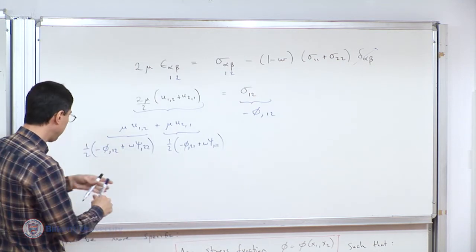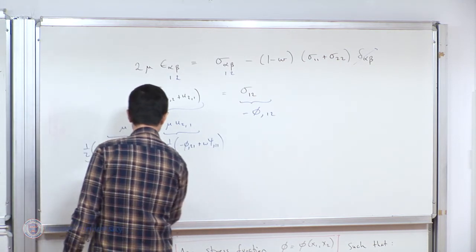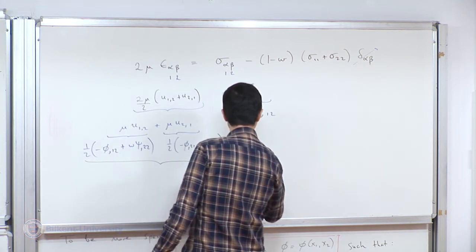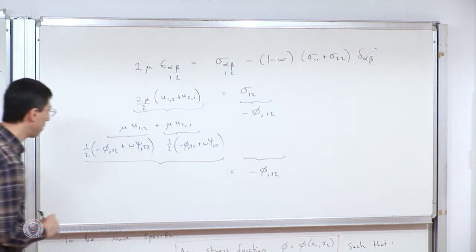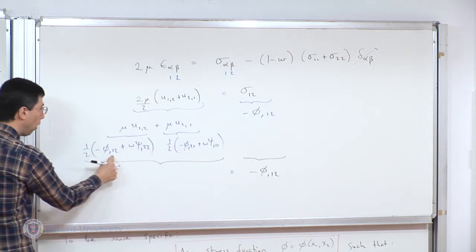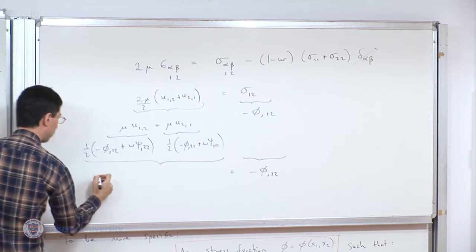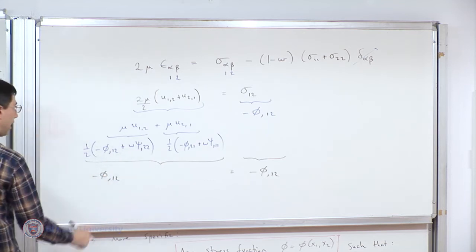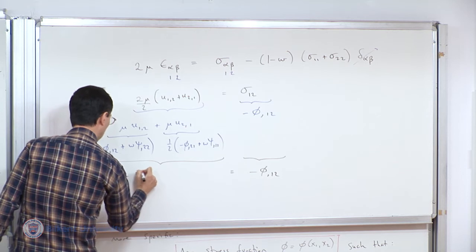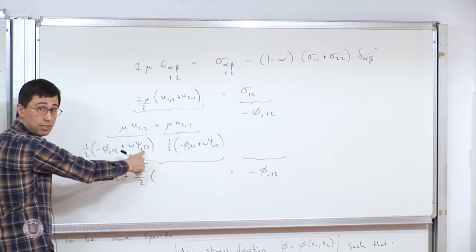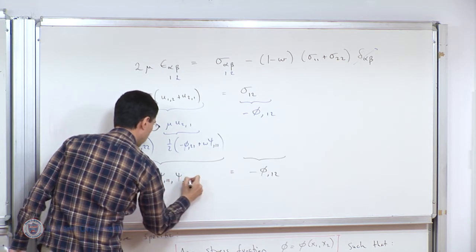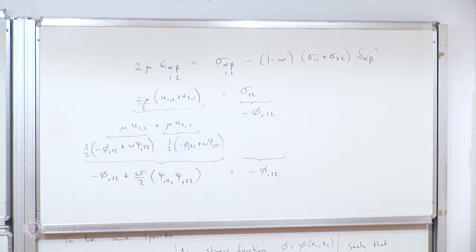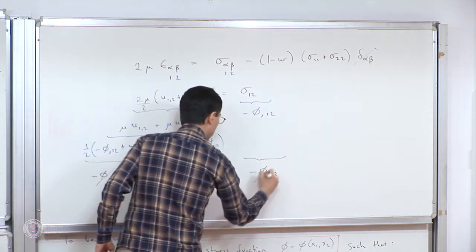So now if I go ahead and evaluate further, on the left-hand side I have something, and on the right-hand side I have something. The right-hand side is simple. Still the same, minus phi comma 1, 2. Here I have 1, 2 phi comma 1, 2's divided by 2, so minus phi comma 1, 2. And then I have plus omega over 2, psi comma 1, 1 plus psi comma 2, 2. Okay, and there you go. So these cancel each other.